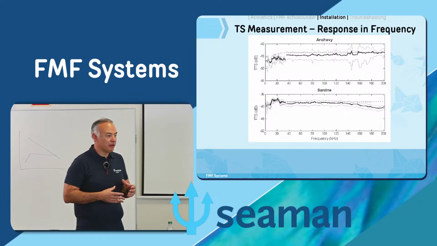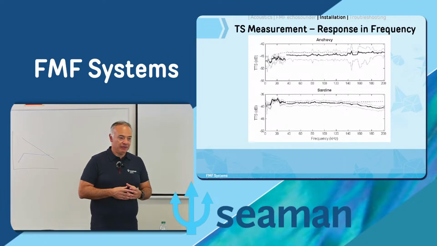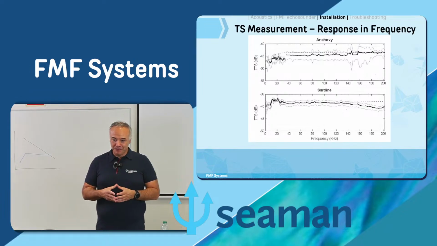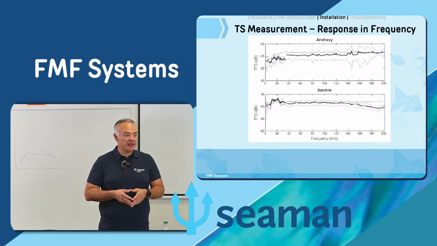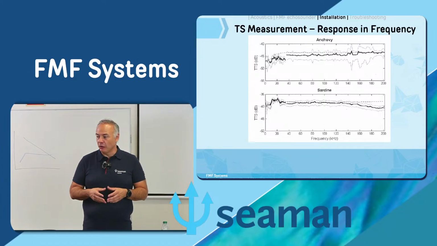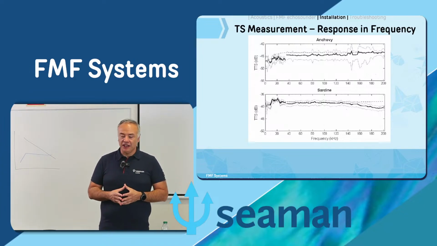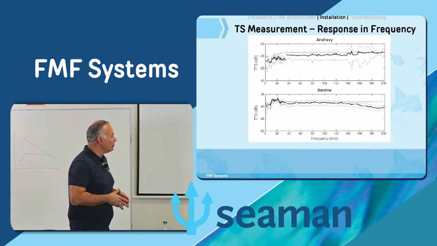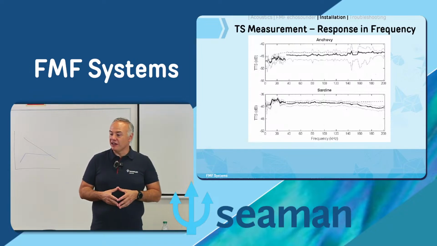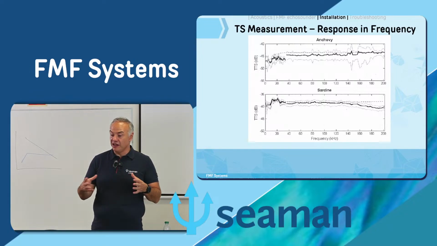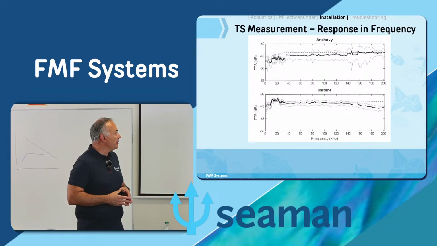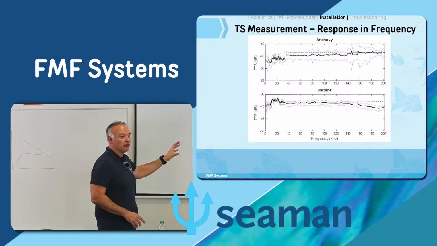Remember that we have two transducers, and what we analyze is the behavior of the target in one transducer and the other, and then we decide where the target is located, the distance from the axis, depending on the response in sound of each species.